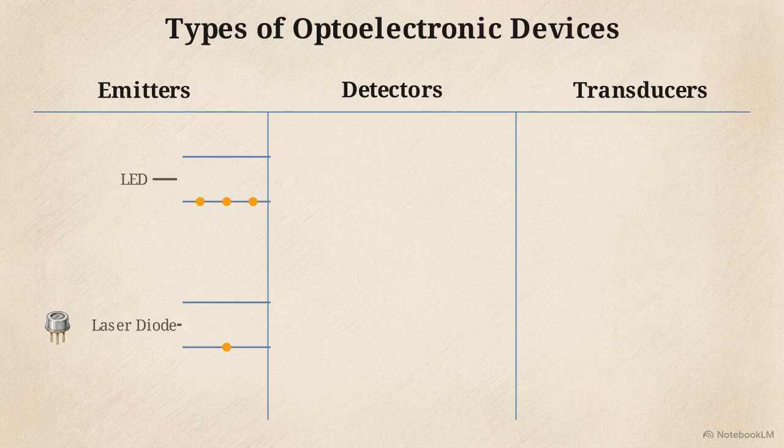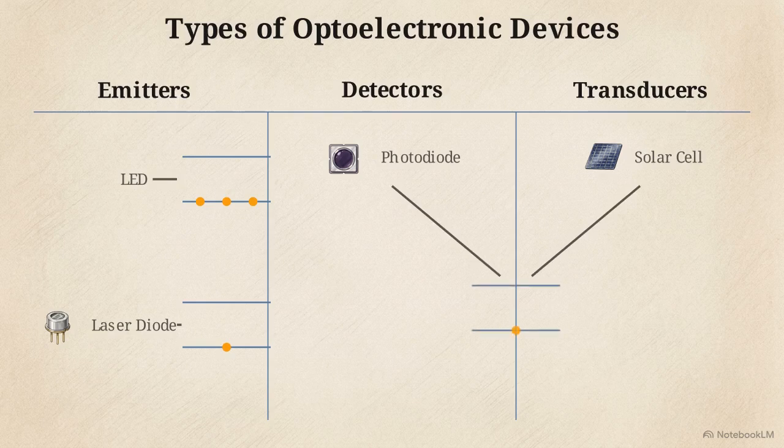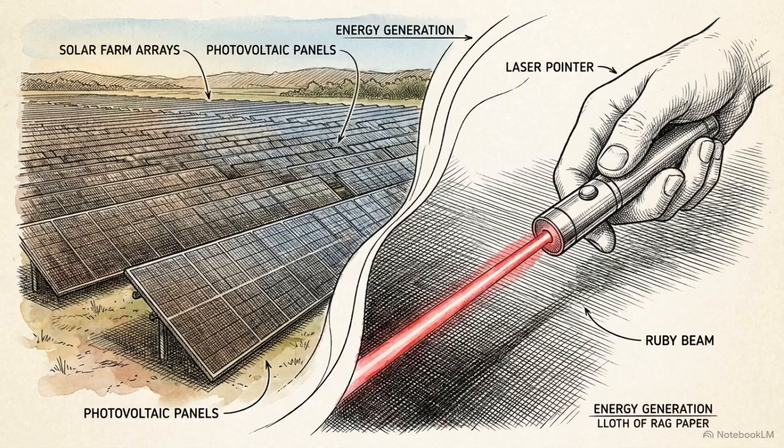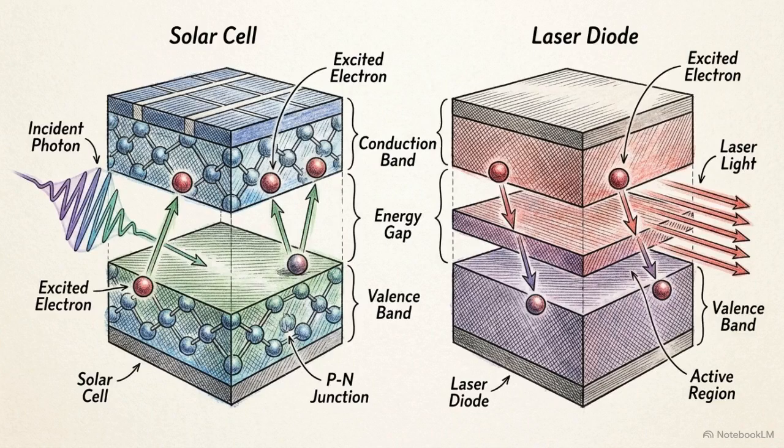Laser diodes are also emitters, but their architecture is built strictly to trigger the cloned, coherent light of stimulated emission. On the receiving end, standard photodiode detectors and large-scale solar cell transducers rely entirely on capturing waves through stimulated absorption. Despite the vast difference in how a solar panel and a laser pointer look, they are simply different architectural housings designed to force one of these three specific atomic interactions.